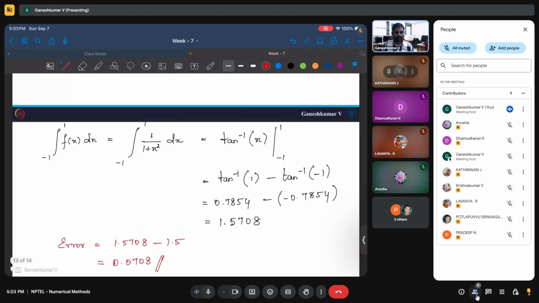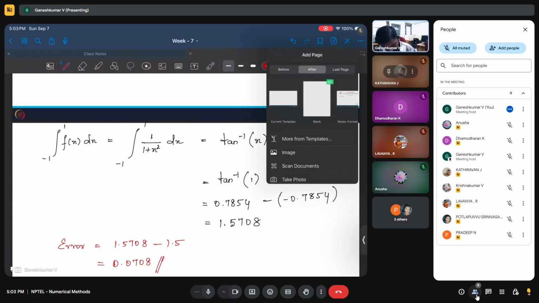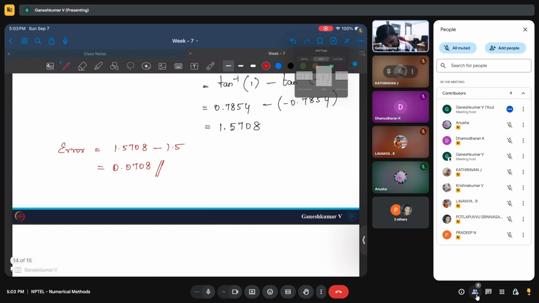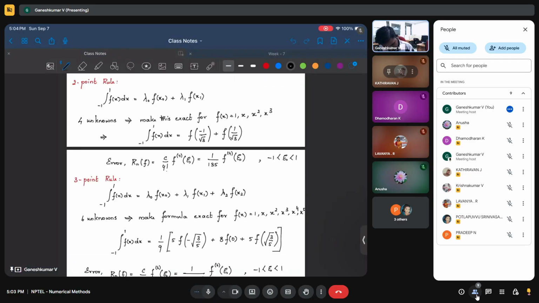Maybe if you use the Gauss 3-point formula, you might have better results. Maybe we should try. I haven't tried. Let's try the Gauss 3-point formula. I is going to be, what is our 3-point formula?